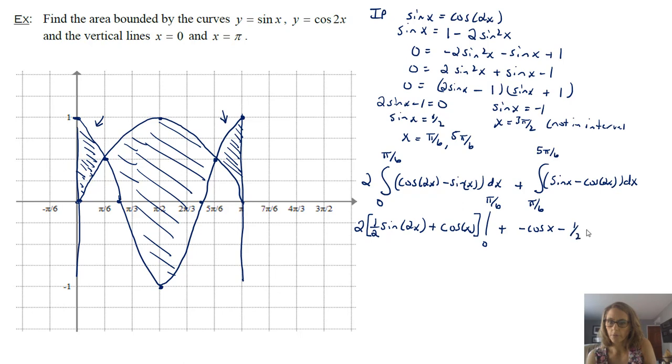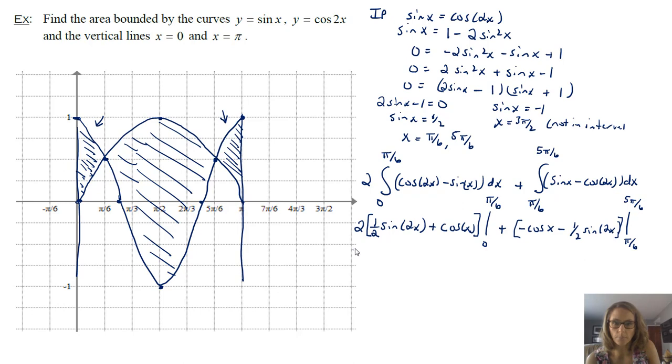And then the 1/2 sine of 2x. And then that's going to be evaluated from pi over 6 to 5 pi over 6. Okay. And then it's just plugging everything in and seeing what you get. So you have to be sharp with your skills of trig, but that's it.